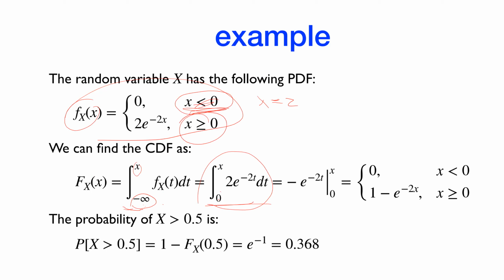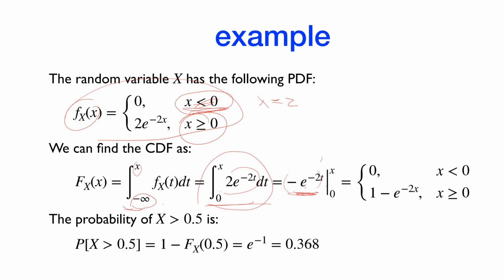With calculus 101, you know how to calculate the antiderivative, right? So you will get this. If you don't trust that, you can take a derivative of this and you will get this. Now I plug x into this minus plugging 0 into this.